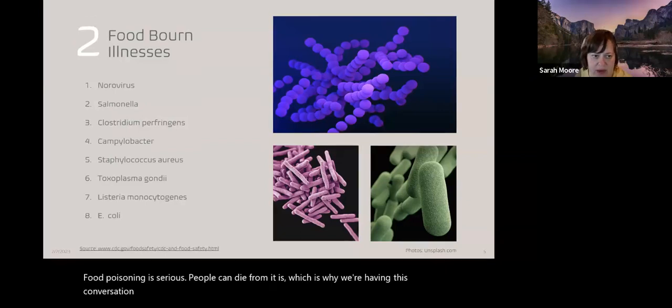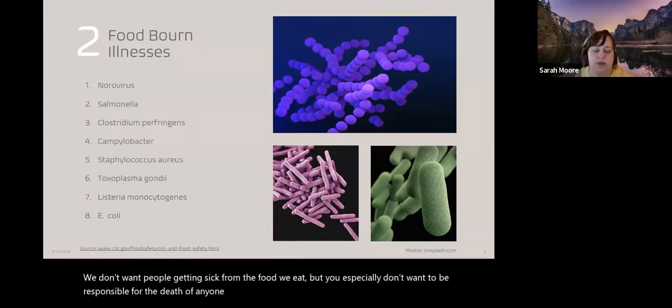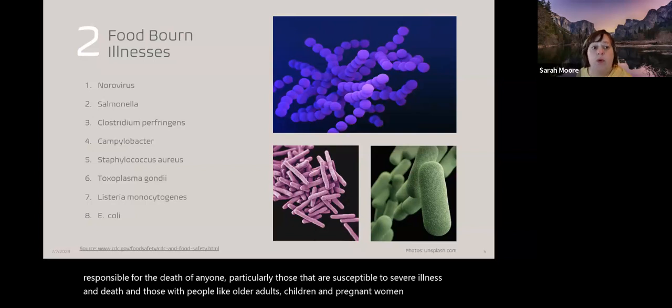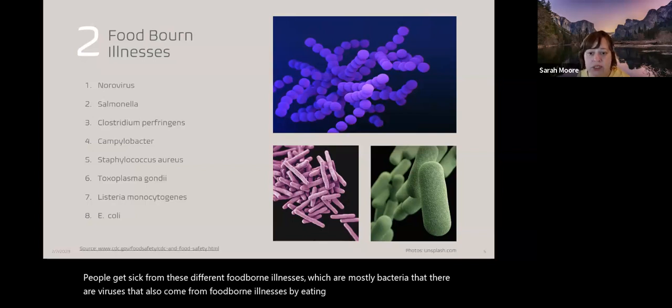People can die from it, which is why we're having this conversation. Obviously, from a business standpoint, we don't want people getting sick from the food we serve, but you especially don't want to be responsible for the death of anyone, particularly those that are susceptible to severe illness and death, and those are people like older adults, children, and pregnant women. People get sick from these different foodborne illnesses, which are mostly bacteria, but there are viruses too, by eating raw or undercooked foods or eating contaminated foods.